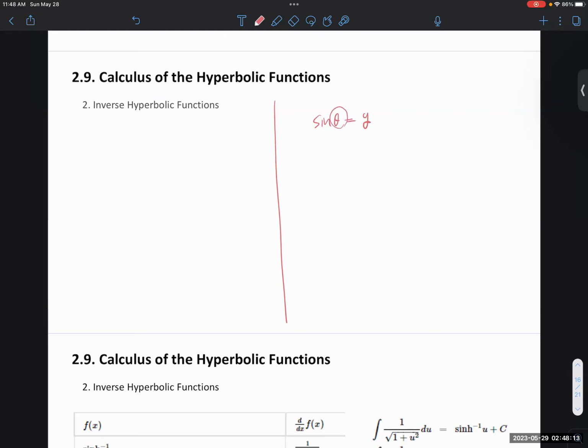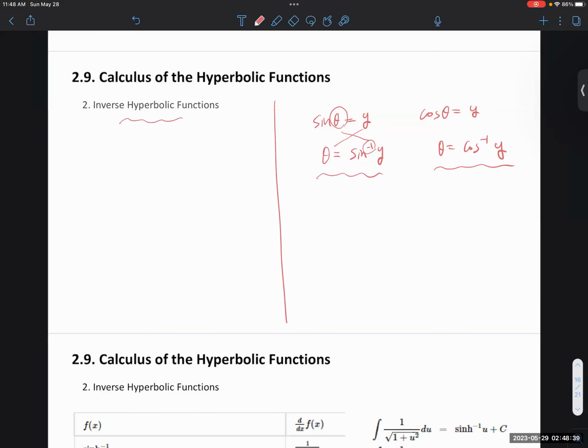To find the inverse function, theta will be, we put the inverse of y. Do you remember that? The x and y kind of switch the order, and then we have an inverse function. Same thing if I have cosine theta equals y, theta will be cosine inverse y. So these are the inverse functions of sine and cosine.